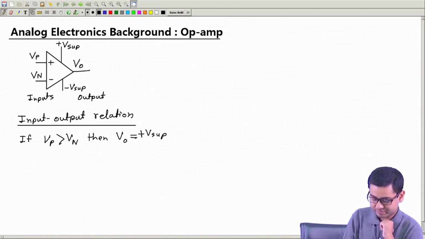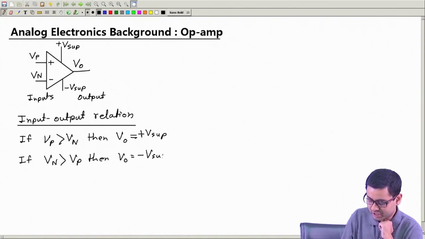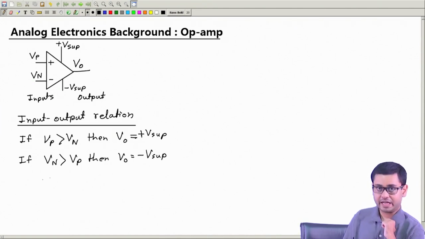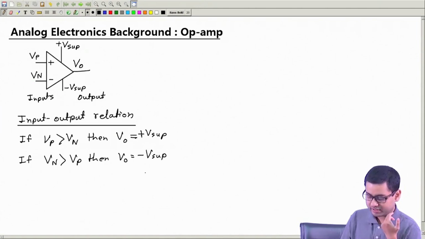This is the rule. And else, if Vn is greater than Vp, then Vo will be equal to minus V supply. That's the main thing that one should know about op amp.